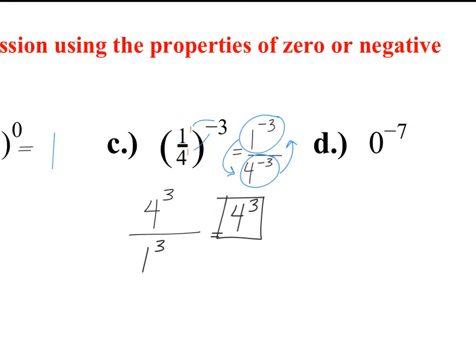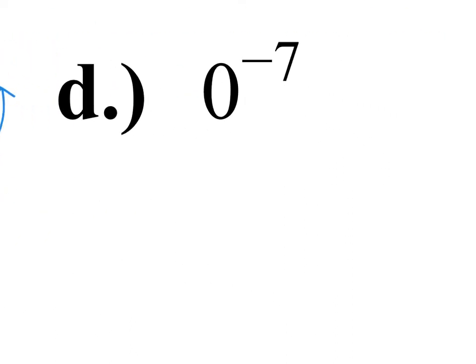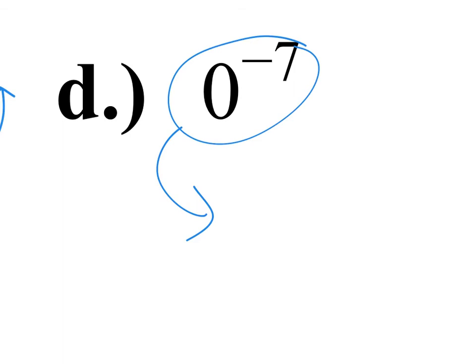D. We see negative exponents. We can't have this. When you have a negative exponent, you have to send it to the other side. Send it to its room. It has to go to the other side of the fraction. So it becomes, on the bottom now, you have 0 to the 7th, the positive 7. It becomes positive when you move it to the other side.